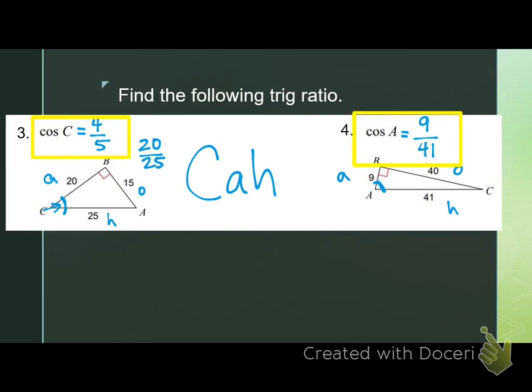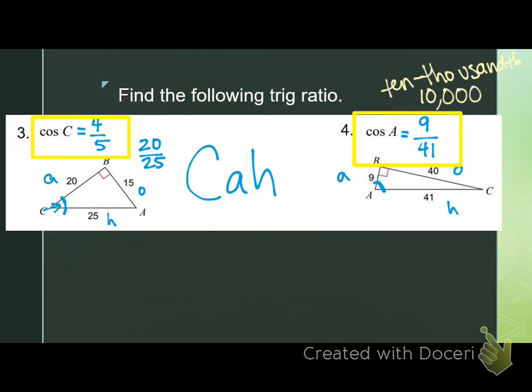I did forget to mention this. On the worksheet tomorrow, if you want to write this down, it's going to ask you to round to the nearest 10,000th. All you do is you would type in, like if we wanted to do 9 over 41, you would literally just type in 9 over 41. How many zeros are in the number 10,000? There's 4, so you'd go 4 decimal places.